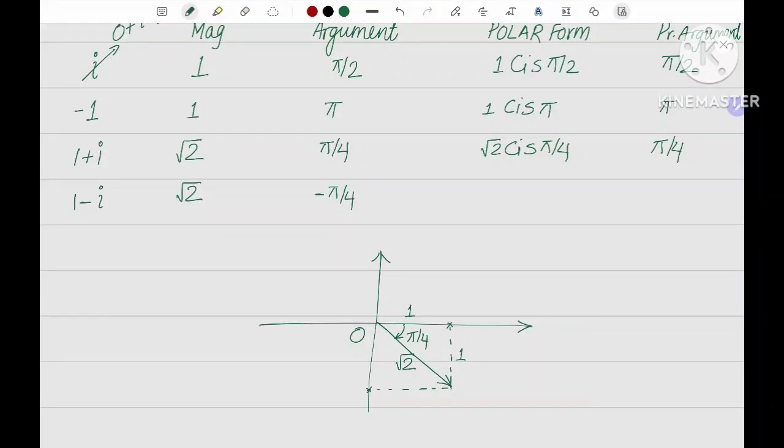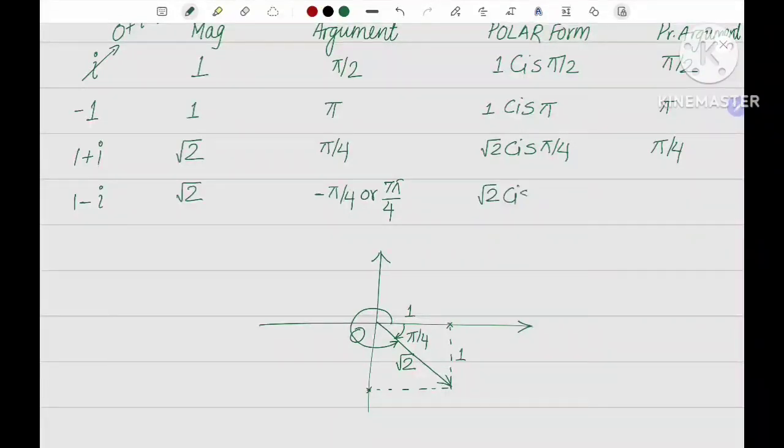Or if you want to write it in the positive direction, you can very well write the value of this angle, which is nothing but 2 pi minus pi by 4, adding 2 pi to this, so that will become 7 pi by 4. Okay, what is the polar form?